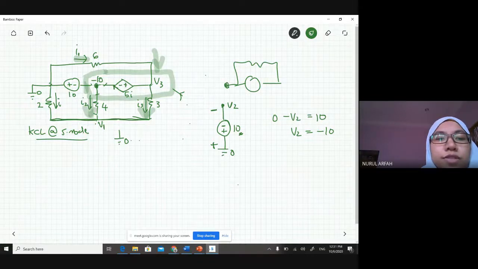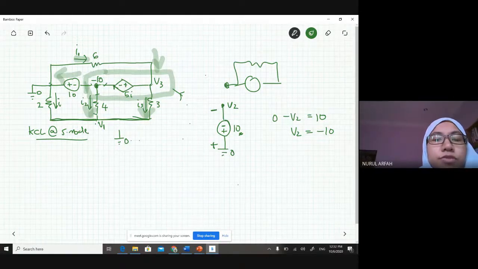But what about this 10? The 10 is actually this part, right? The current, according to our passive sign convention, is that direction. Do you agree or not?